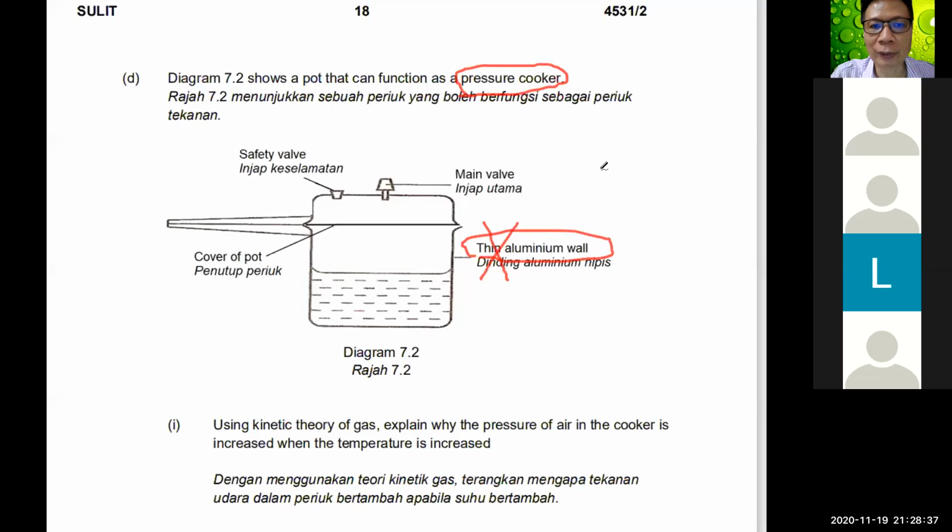When the temperature increases, the kinetic energy of the molecules increases. Yes, the kinetic energy of molecules increases. So what happened? The collision between the wall of the pot and the air molecules increases. Yes, very good answer, correct.